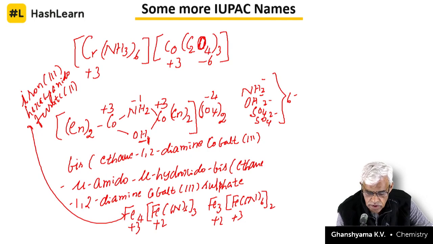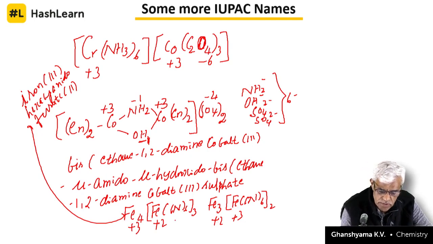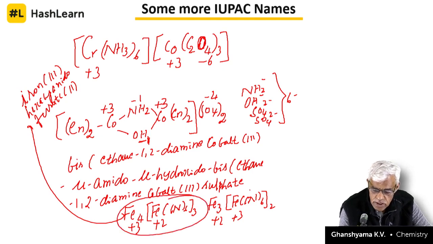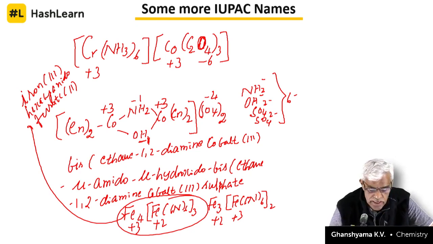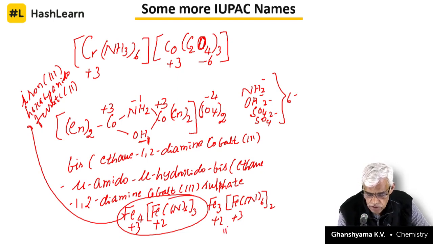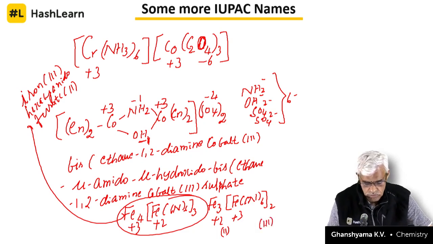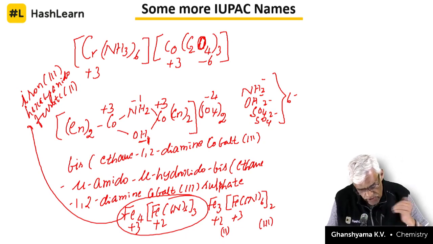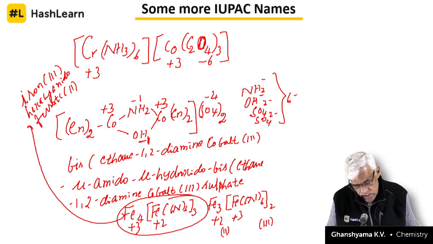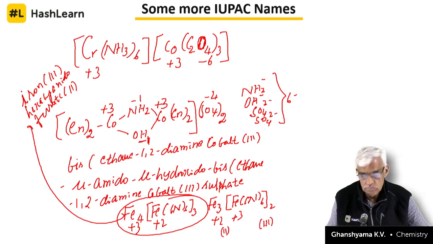Now this is ferrous, the first one is ferric ferrocyanide, the second one is ferrous ferricyanide. Therefore this is reverse, iron 2 hexacyanidoferrate 3. So outside it is ic, inside it is ous, outside it is ous, inside it is ic.